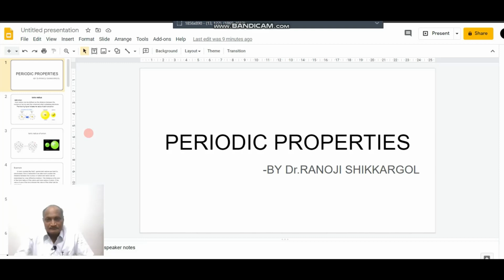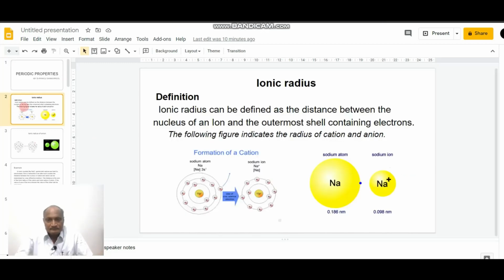Coming to one more important aspect in the periodic properties, that is ionic radius, particularly a cationic radius and an anionic radius.